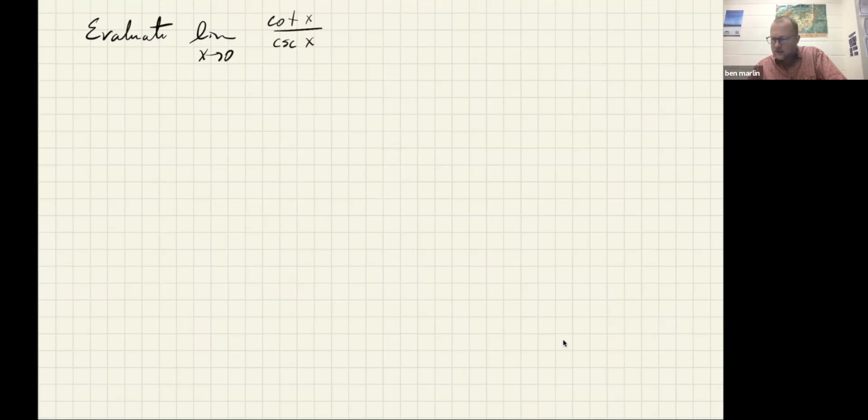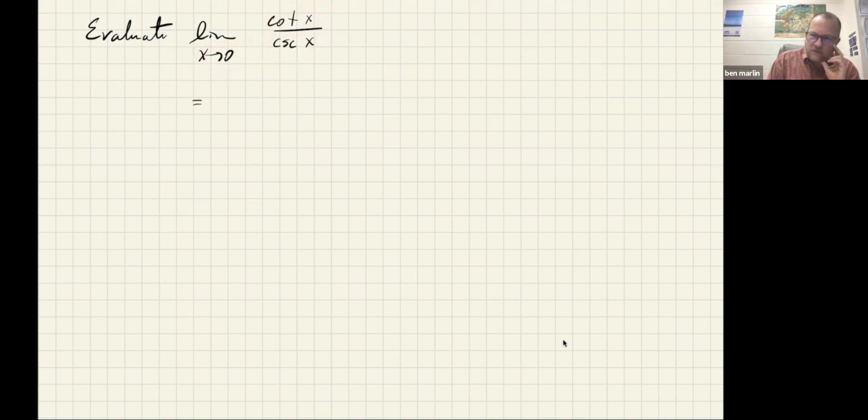And these trig functions we're dealing with, when we plug the 0 into them, have a problem. Cotangent of 0 is not defined, and cosecant of 0 is not defined, okay? So in effect, we have something that's kind of infinity over infinity, but it's not super clear what to do.